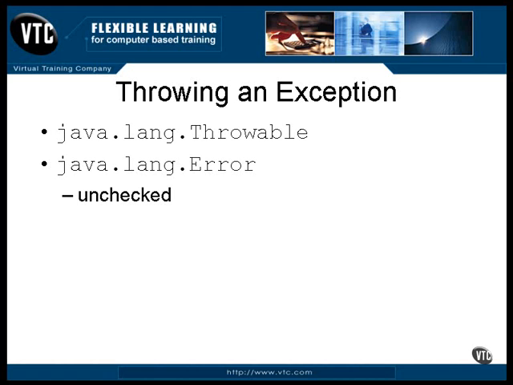Under normal circumstances, your program should not catch unchecked exceptions. They should be allowed to continue up through the method calling chain until they reach the virtual machine, at which point an error message is displayed and the program halts. In special circumstances, such as embedded systems that must keep running, you may want to catch these, but be sure you know what you're doing before you try to continue processing.